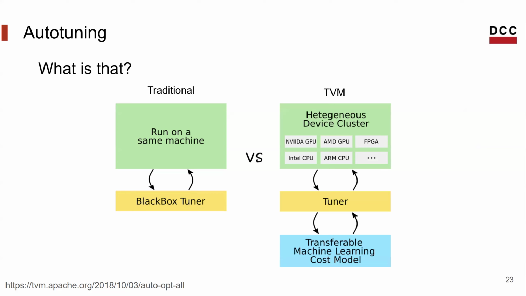When we compare traditional and modern auto-tuning, the main difference between them is that modern auto-tuning is for specific domains like neural networks, while the traditional is for general purpose. Also, modern auto-tuning can generate code for several devices, while traditional focuses on one architecture.